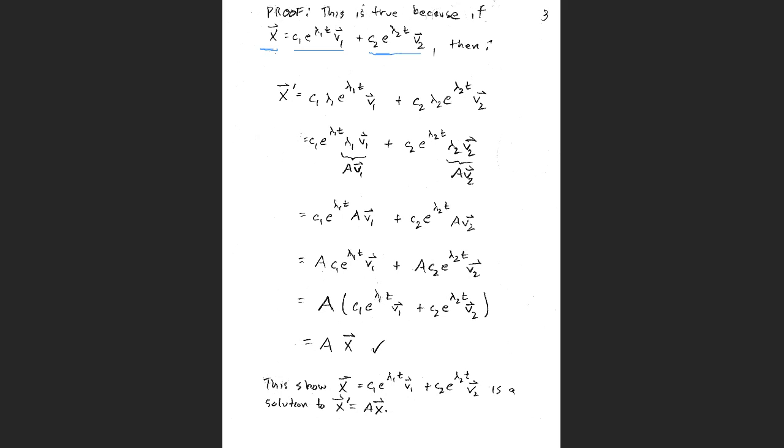The derivative of e to the power lambda 1 t is just lambda 1 times e to the power lambda 1 t. The derivative of e to the lambda 2 t by the chain rule is lambda 2 times e to the lambda 2 t. Everything else are constants.